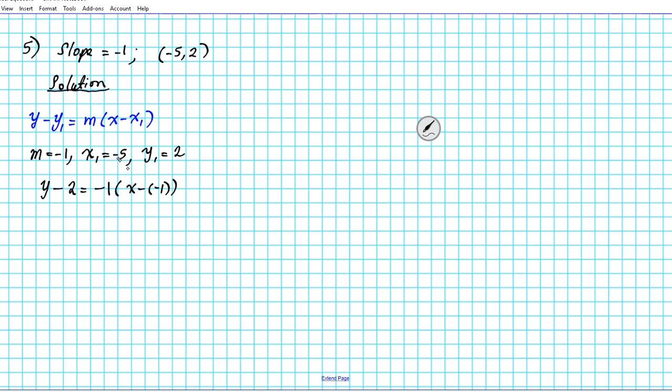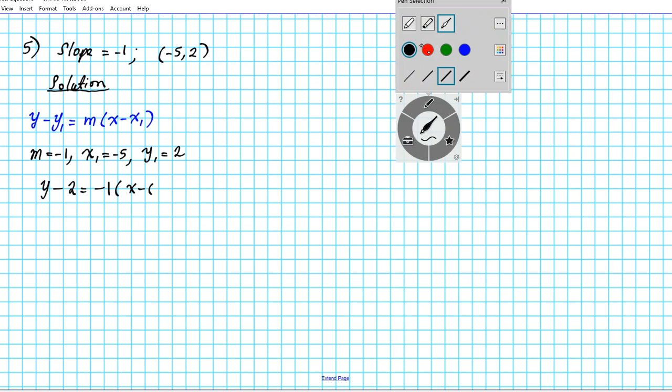Alright, wait a minute. So x1 is negative 5 actually. Let's fix that. x1 is negative 5. So minus negative 5. Okay, sorry about that.